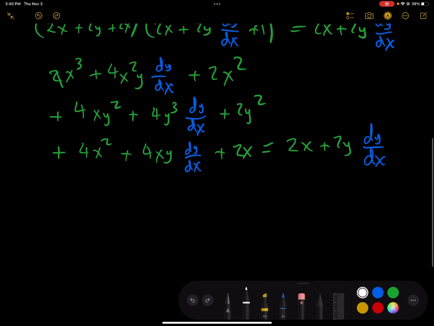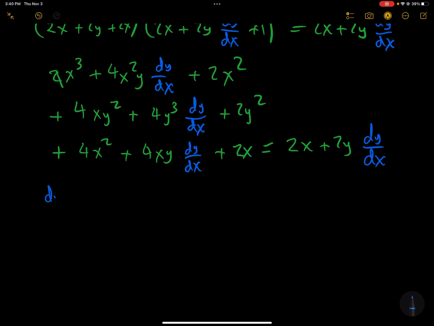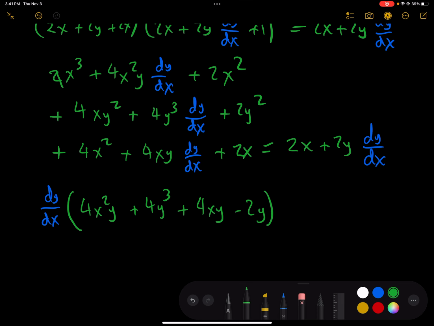This means that dy over dx is going to multiply as a common factor: 4x squared y plus 4y cubed plus 4xy. Those are the ones coming from the left-hand side. And on the right-hand side, I will have a negative 2y. So those are the 4 terms that involve dy over dx.